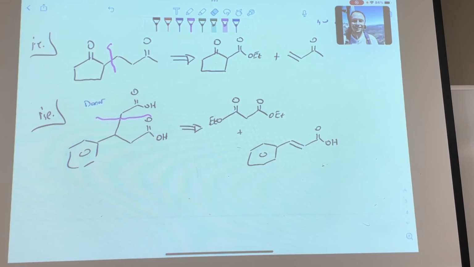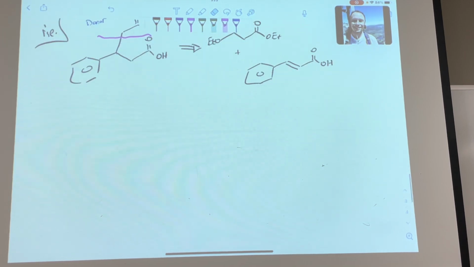I saved the best for last. This is really the pinnacle of enolate chemistry. It's a tandem reaction, so it's kind of a 2-in-1, and it is known as the Robinson annulation.